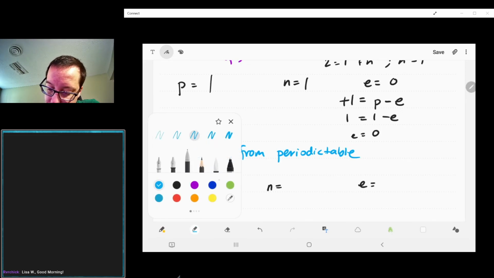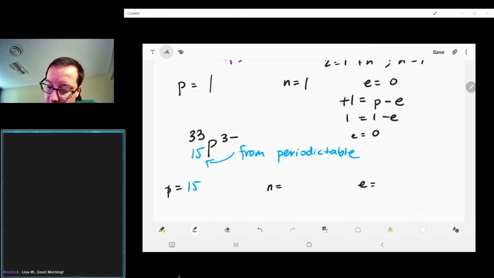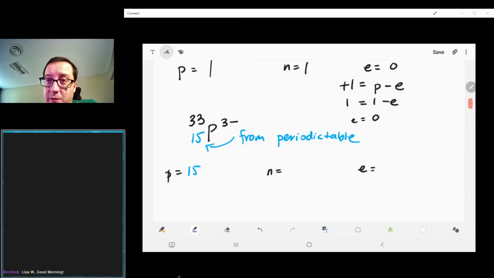So, moving on to neutrons, we're going to have to use a different number to figure out the number of neutrons. Well, we have the 15 we've already used. Our options are 33 versus the 3 minus.